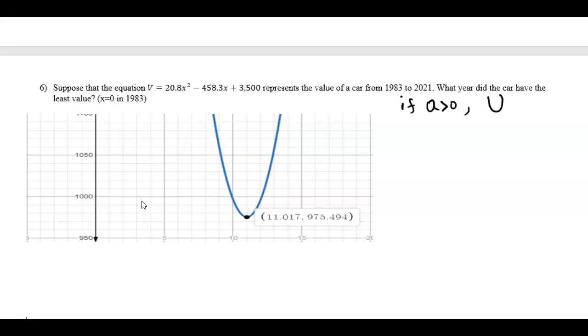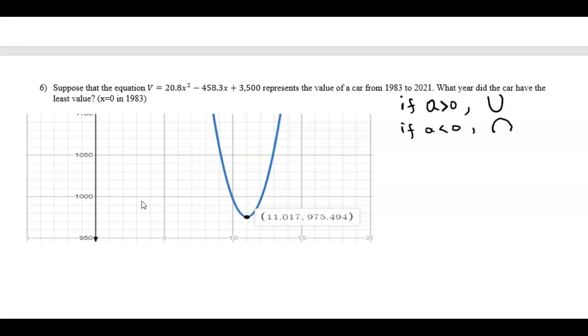The U is going to open up. But if a is less than 0, then the parabola will open down. So now we got that set.